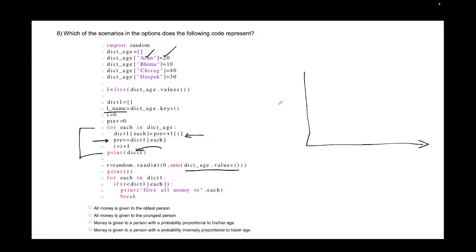On the y-axis it's the cumulative age C, and on the x-axis it is the person, P. So it will go like this, an S-shaped curve. At the tail of this curve it's almost zero, and over here it is the sum of all the persons' ages. So that is the limit.